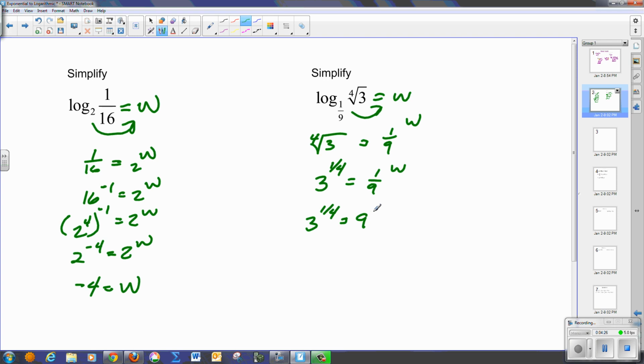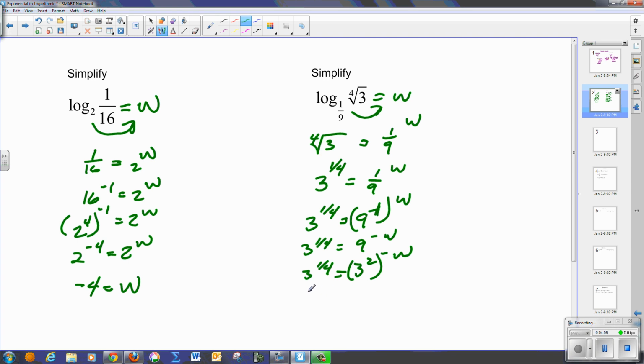This is 9 to the negative 1 to the w, which is 9 to the negative w is equal to 3 to the 1/4. 9 is equal to 3 squared, so that's 3 squared to the negative w.